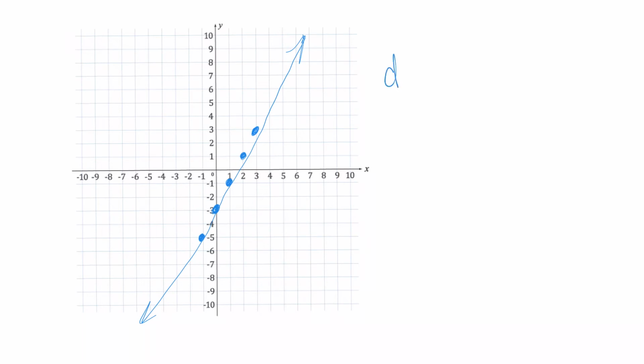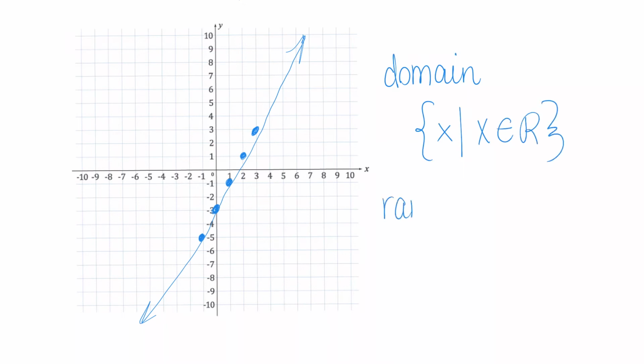So we would very simply say that the domain, if we were using set notation, x is an element of all real numbers. And for the range, y is an element of all real numbers. That's it. There you go.